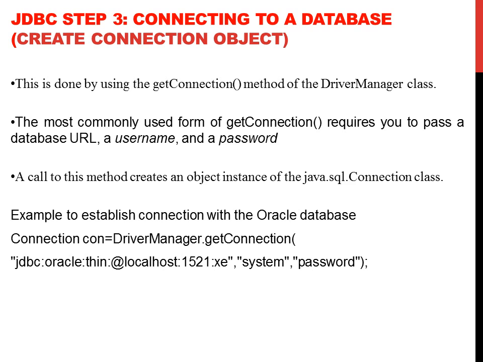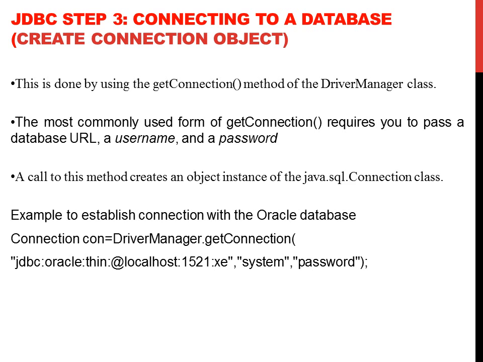So the third step is connecting to a database. You have to create a connection object, and that is done using the getConnection method of the DriverManager class. To the getConnection method, we have to pass the database URL, username, as well as password. This is a code snippet explaining how to establish a connection with the Oracle database. DriverManager.getConnection.